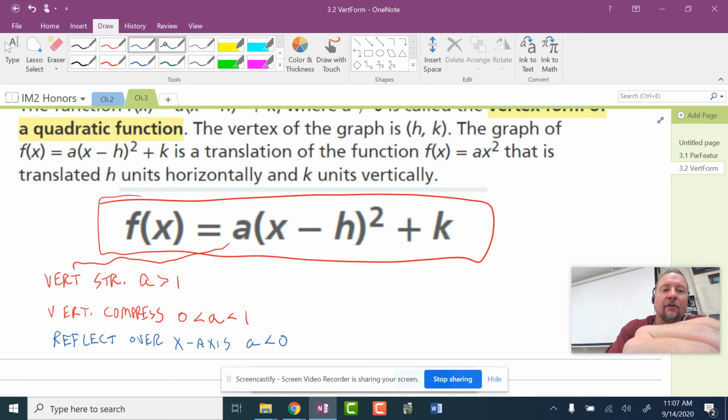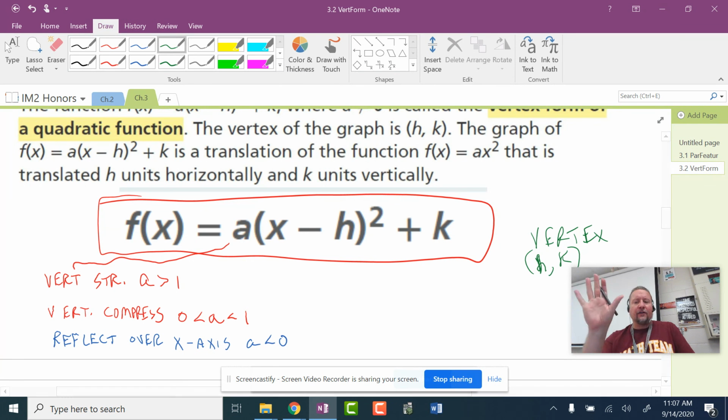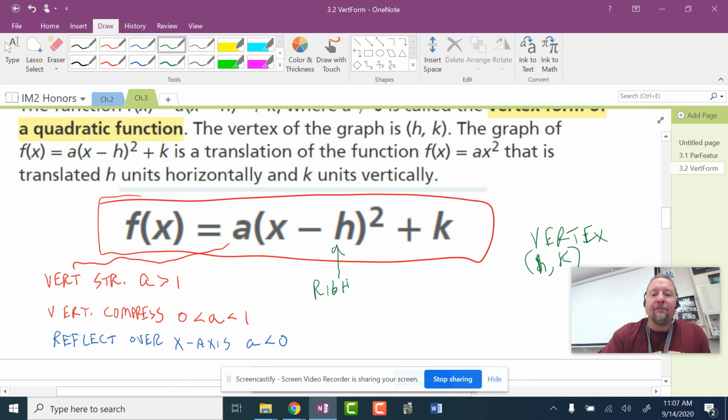Now, here's the kicker. H comma K is the vertex. I'm going to put that right above my head here. Vertex is H comma K. But I want you to put this in terms of what it does to regular functions, all functions, in this situation. H is a right-left shift.